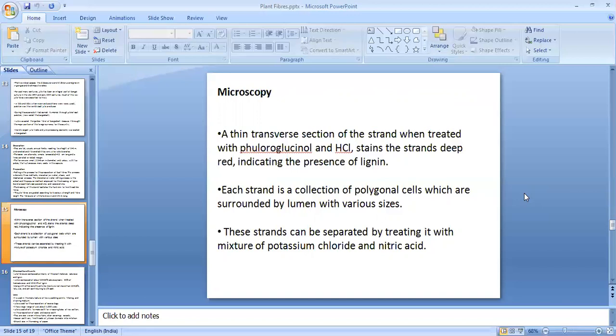And each strand will have a collection of polygonal cells, and they are surrounded by a lumen of various sizes. These strands can be separated by treating with a mixture of potassium chloride and nitric acid.